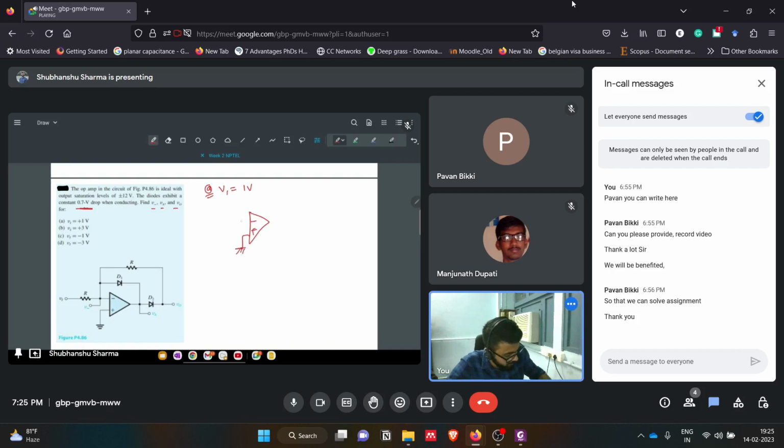We'll first analyze. You may have some answer in your mind; you can share it in the chat window. What will be the condition of D1 and D2 when we are giving a positive Vi input? This is the circuit, this is R. Let's say we give positive input; this is 0 volts.